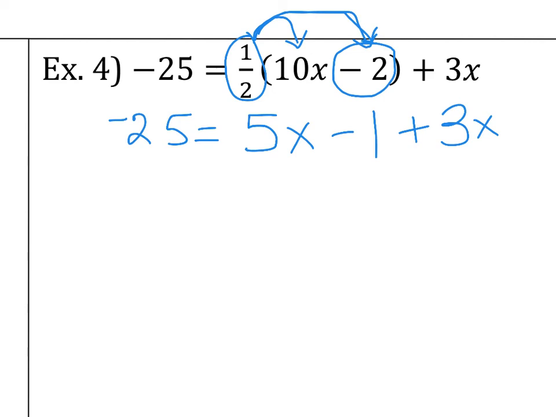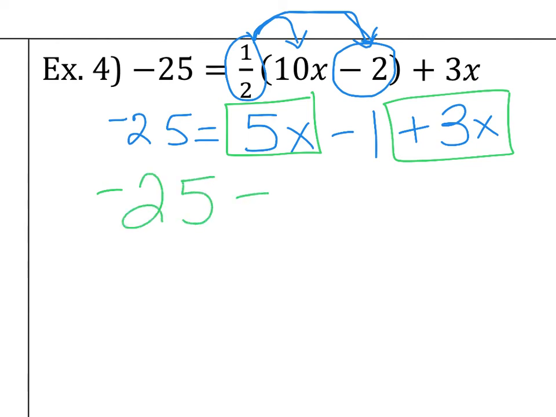All right, before we move on, we must, what? We've got to box and circle. Get those like terms together. Before you move anything, simplify. Simplify before you move anything around. So let's see, we're going to bring down that negative 25. If I combine the 5x plus 3x, it's going to give you 8x.